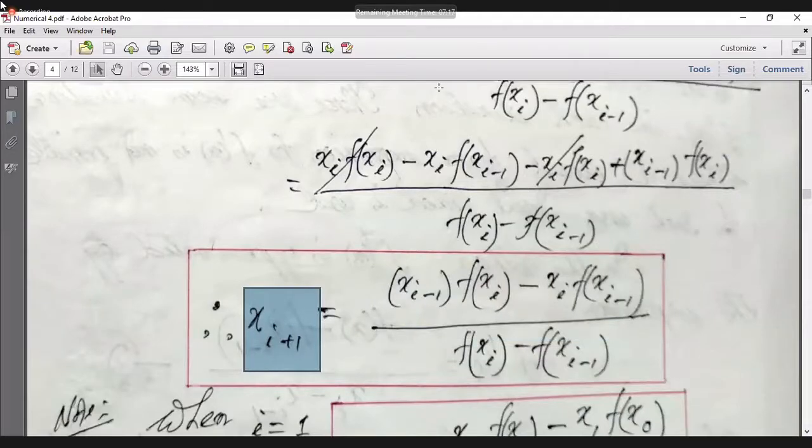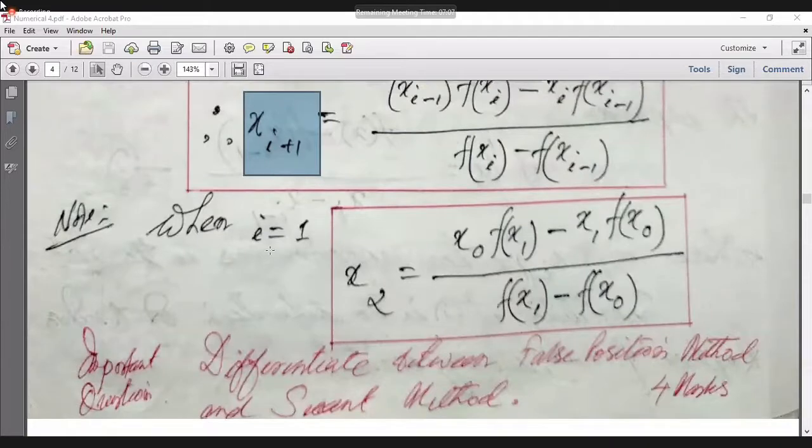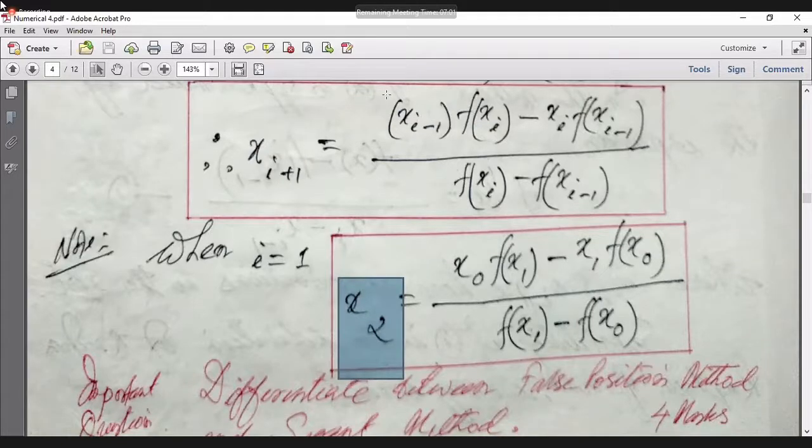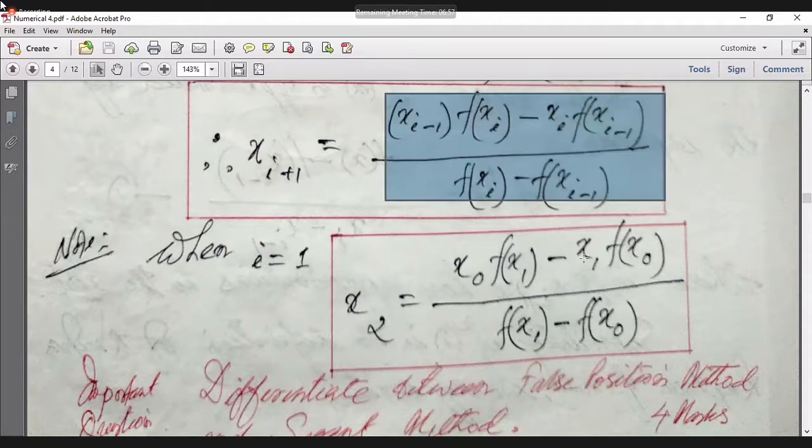The formula is exactly the same as we have done in the false position method. For simplification, if you put i equal to 1, then x2 is equal to x0 f of x1 minus x1 f of x0 divided by f of x1 minus f of x0. So the formula is exactly the same.